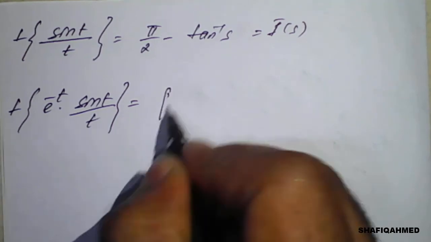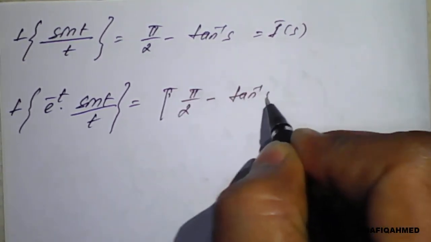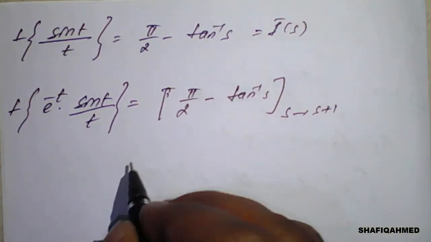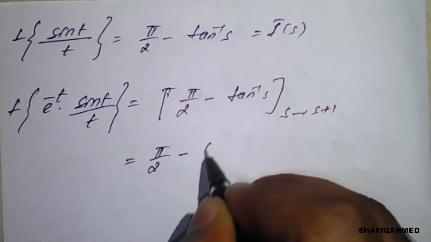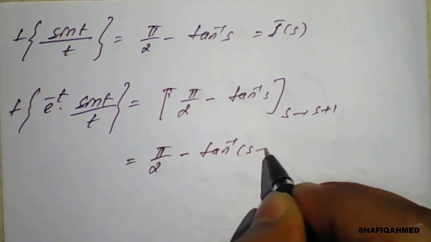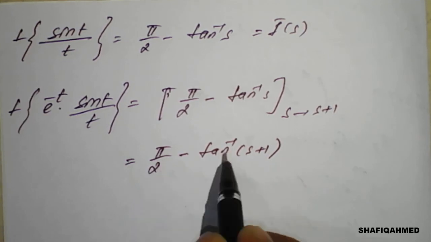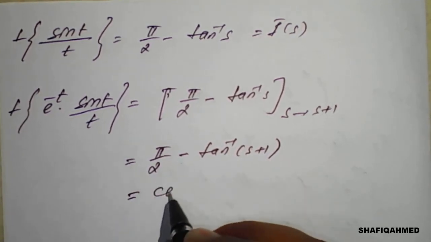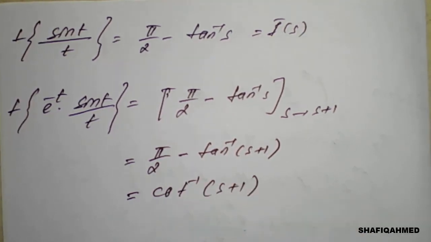So it will be pi by 2 minus tan inverse of s plus 1. But 90 degrees minus tan inverse can be written as cot inverse of s plus 1.